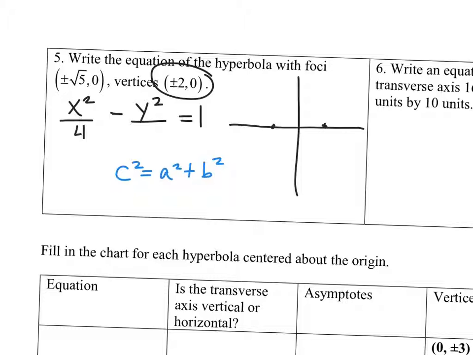My foci are at plus or minus 5, so that means that c is 5, so c squared is going to be 25. And I already have my a squared is 4, because that's 2 squared, and this is plus b squared, so b squared is 21, so that means that underneath here is going to be 21. So there's my equation.